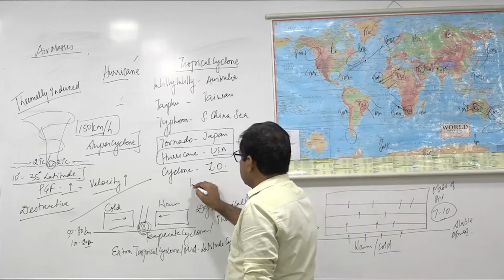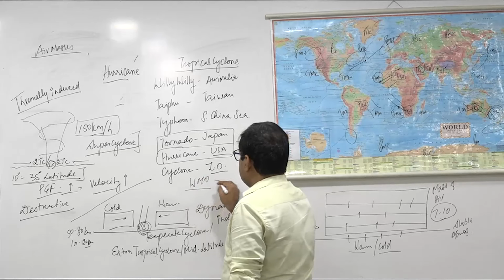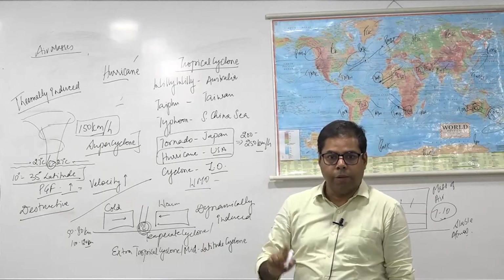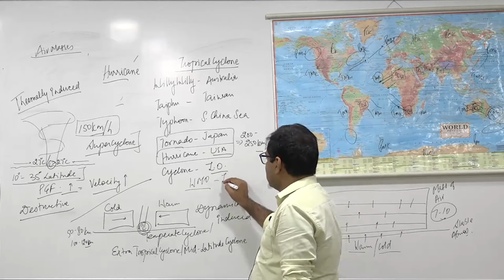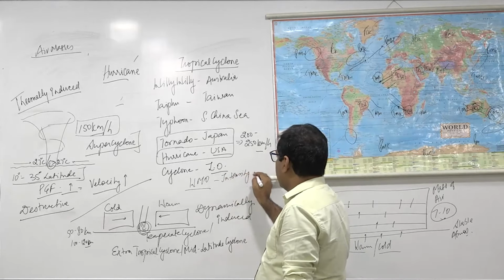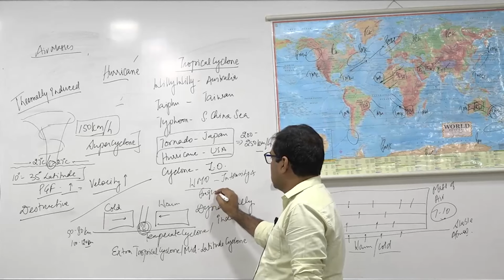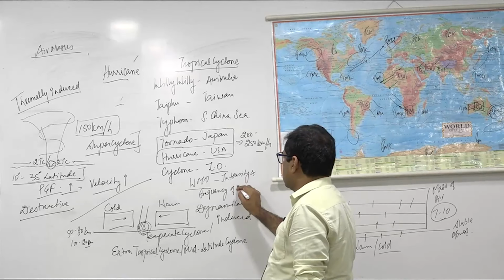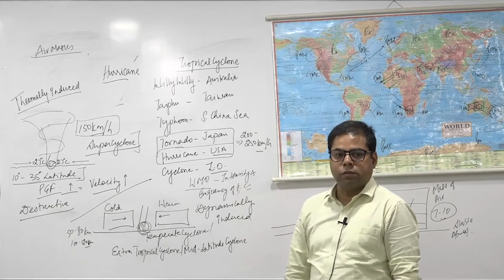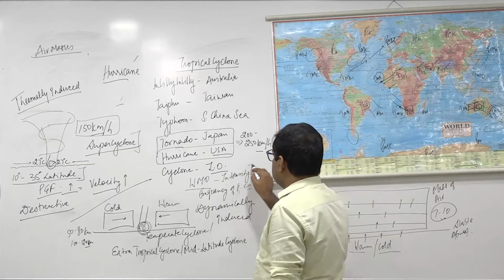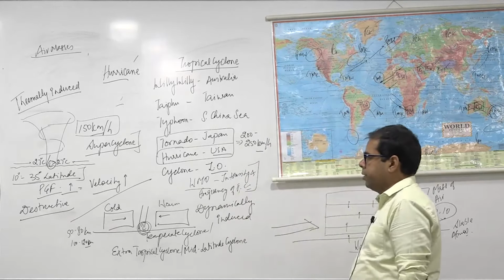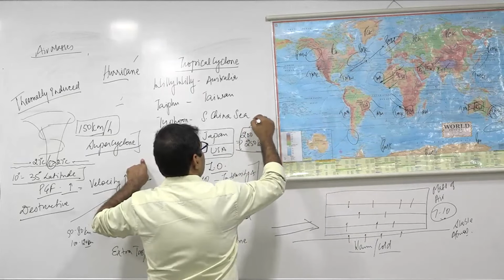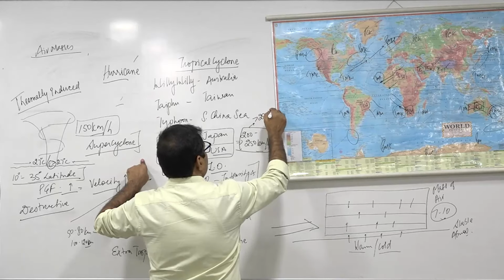They are saying that because of the temperature rise of the oceans under the effect of climate change, the intensity and frequency of tropical cyclones will increase. So the wind velocity in hurricanes will cross more than 280 km per hour.